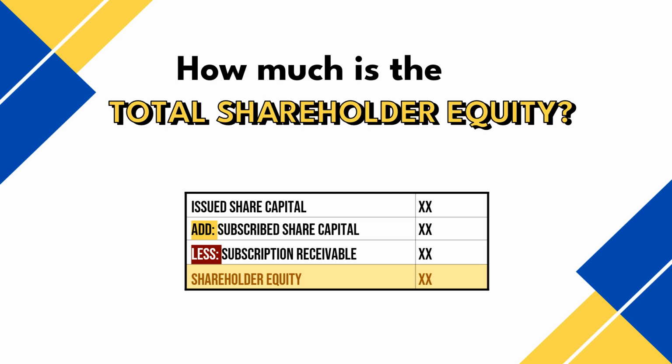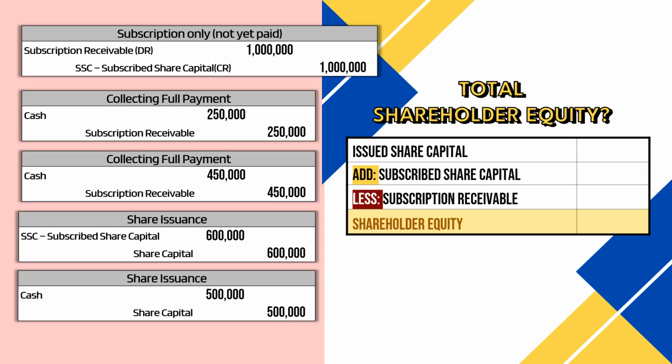Makes sense. This is what I was able to put up, right? Issued share capital. I have already raised the money. The second portion is, okay, I have the possibility of earning extra subscribed share capital. But I have to subtract it from the amount that I have not yet received. So for example, in the particular scenario, let's take it one by one to make it easy.